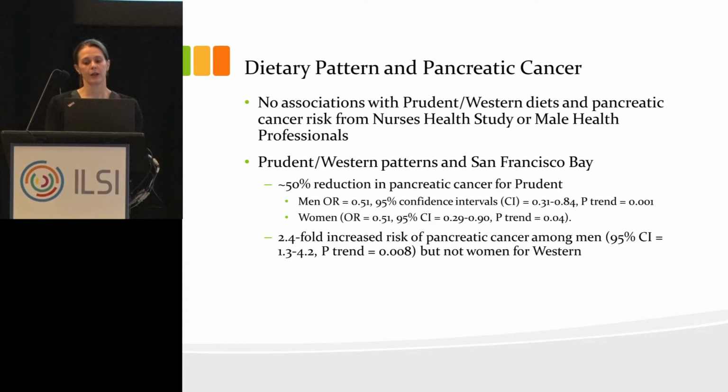So the prudent pattern was associated with decreased risk for both males and females, whereas the Western pattern was only associated with increased risk for males. So you can't just look at one cohort and think you have the answer to any of these questions. It could be very different depending on the cohort you're looking at.